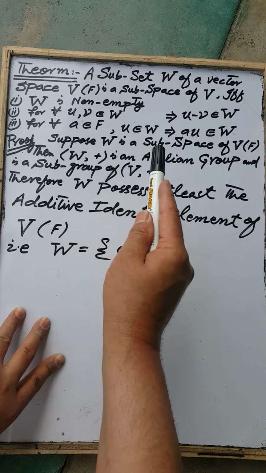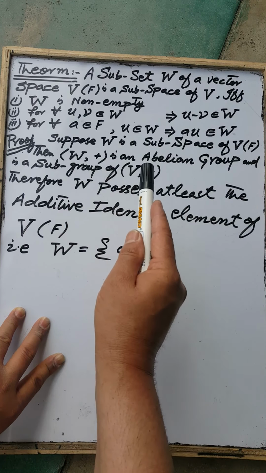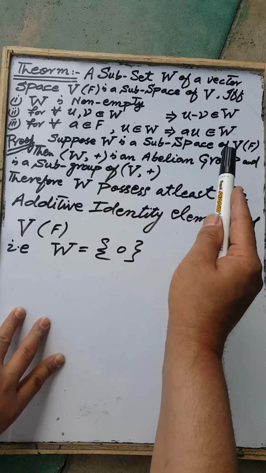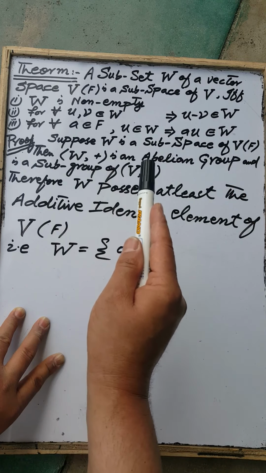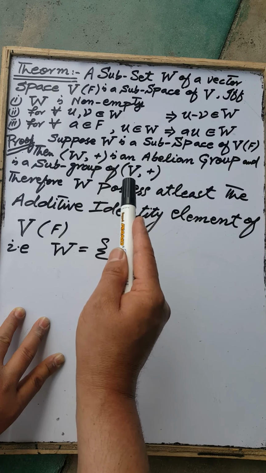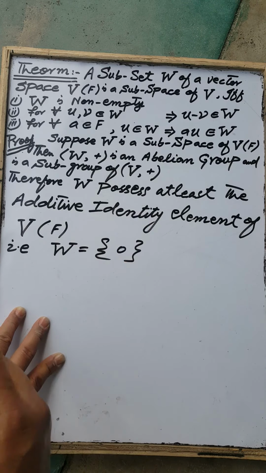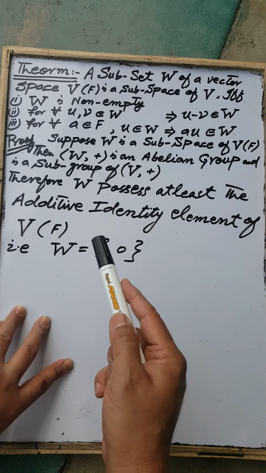Since W is a subspace of the vector space V, W also satisfies the conditions of an additive abelian group, and W is a subset of the vector space V. Therefore, this group is a subgroup of the additive abelian group V. Therefore, W possesses at least one additive identity element.